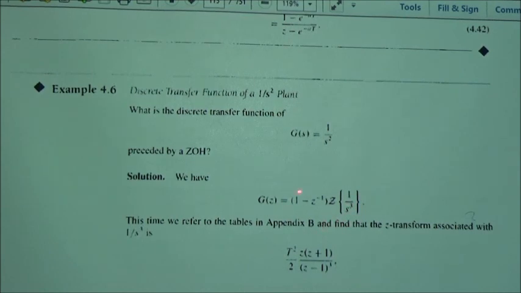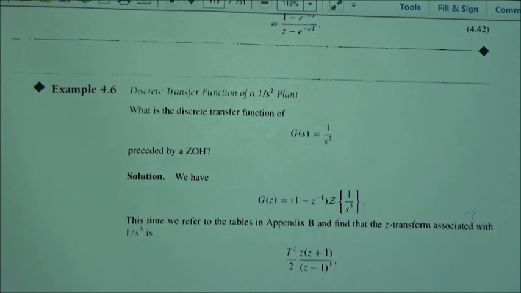Again, here we just go to the z transform table, and you get this term right here. 1 over S cubed is T squared times (z plus 1) divided by 2 times (z minus 1) to the power of 3.